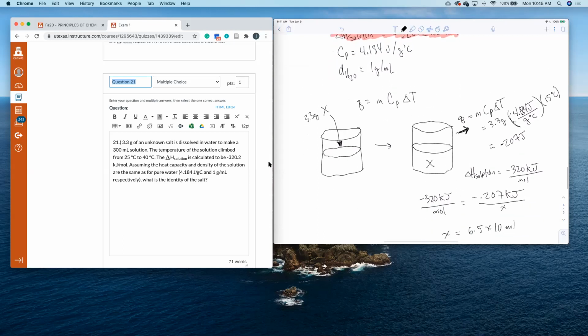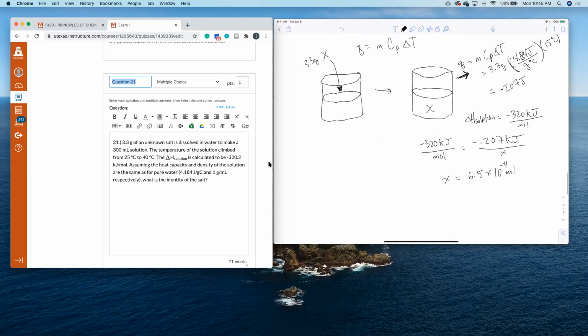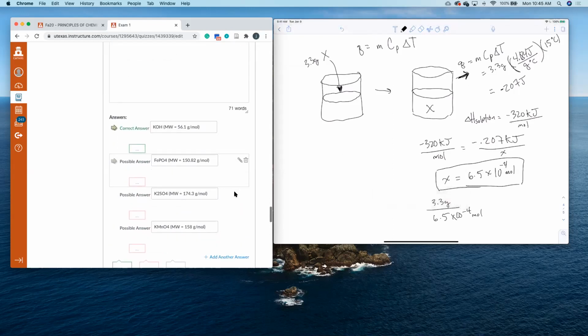And so I feel like I must have made a calculation error somewhere, but we'll see. So if this is the number of moles, this tells us the number of moles that must have been dissolved. And since we know we started out with 3.3 grams, that means you have 3.3 grams per 6 times 10 to the minus 4 mole. That seems like it's going to be a grotesquely large number. I came up with some crazy large number.